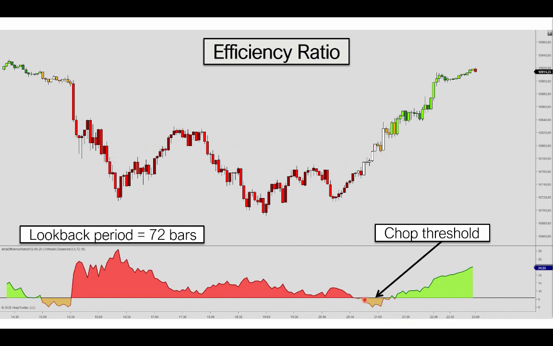It will fall below the chop line here, plotting a yellowish color. A very useful feature here with the threshold is that the indicator distinguishes between long and short look back periods. So on a long look back period, this threshold will be adjusted downwards, whereas for shorter, it will move upwards.